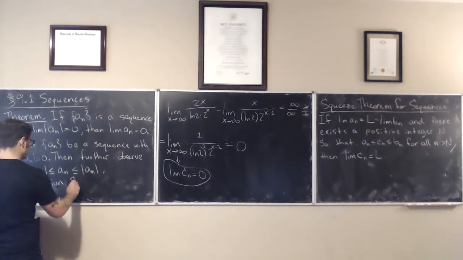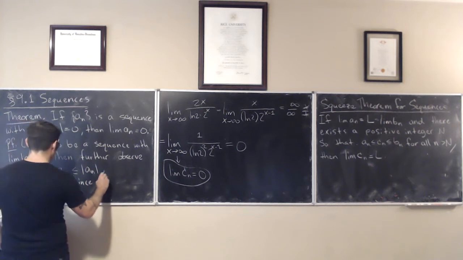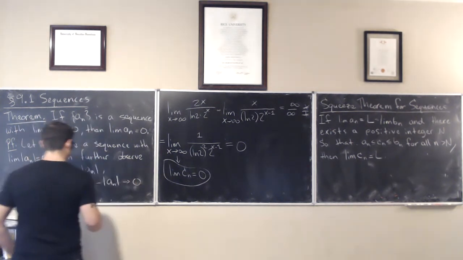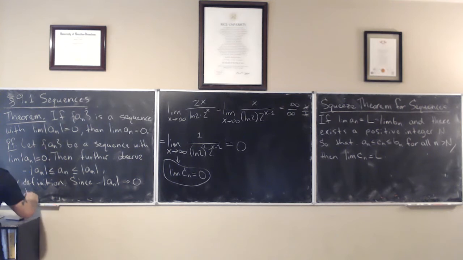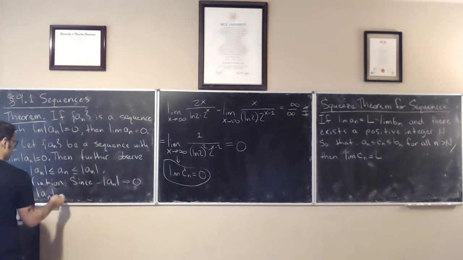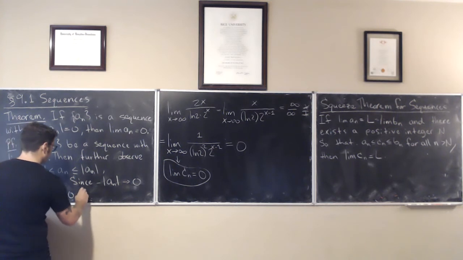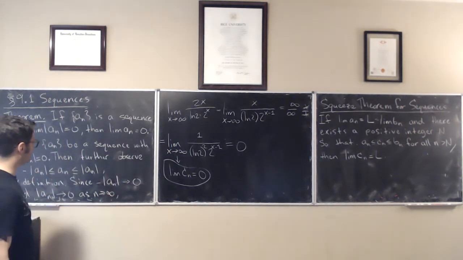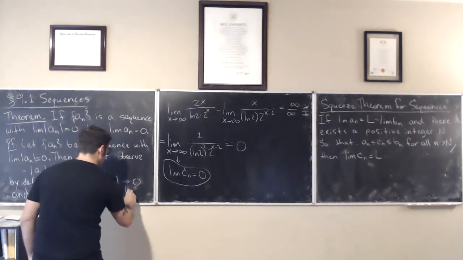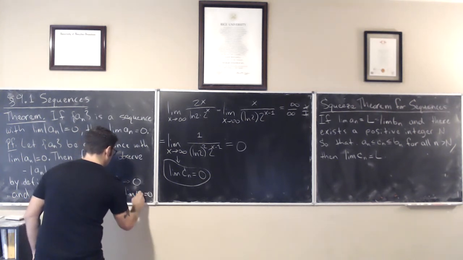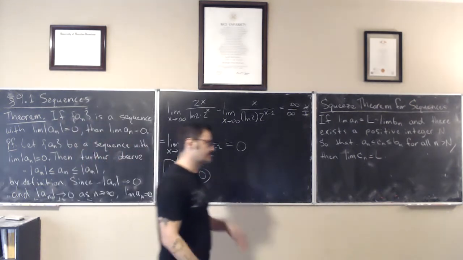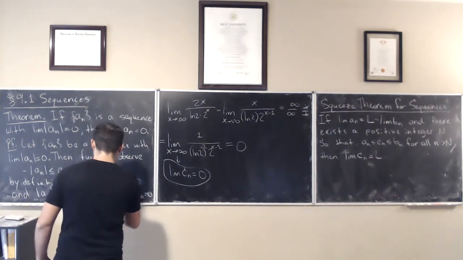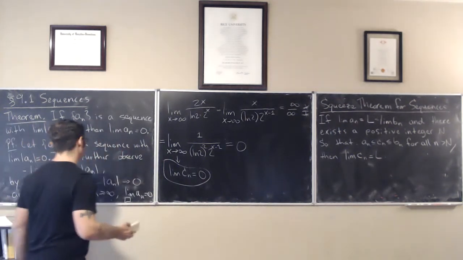So maybe just say that, like maybe since negative absolute value of a sub n converges to 0, and positive absolute value a sub n goes to 0 as n goes to infinity, we conclude that the limit of a sub n is equal to 0, by the squeeze theorem. So that's what I would write next, and then you'd be done. And then you put a little QED square.